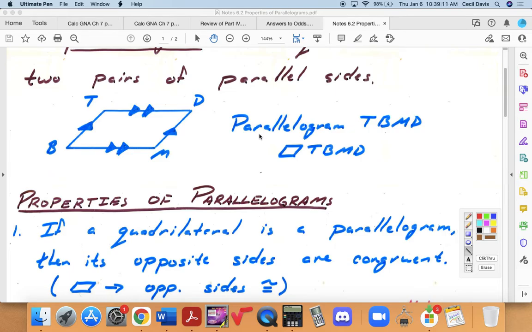If they weren't what? Congruent. Can you see those? Are they parallel? Yeah. Are they congruent? No.